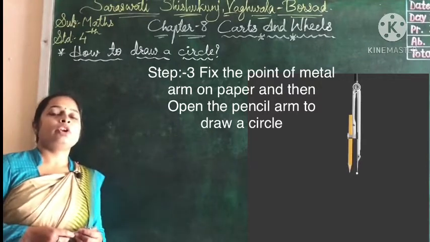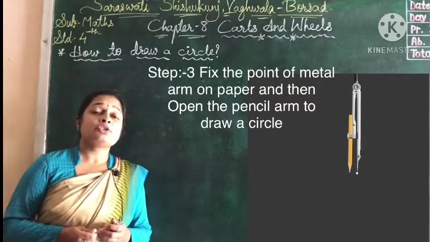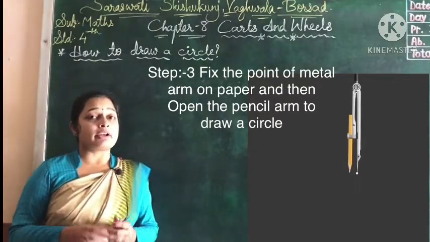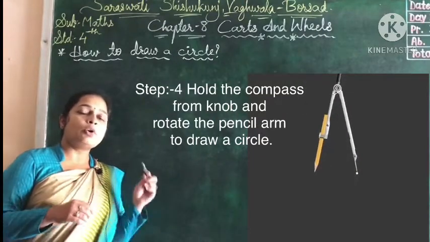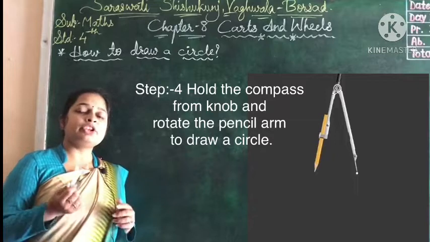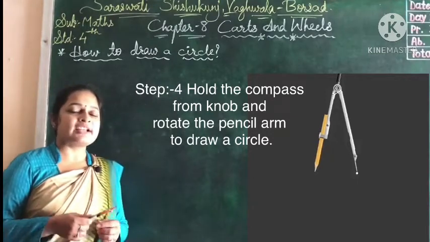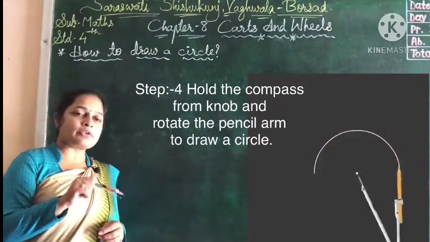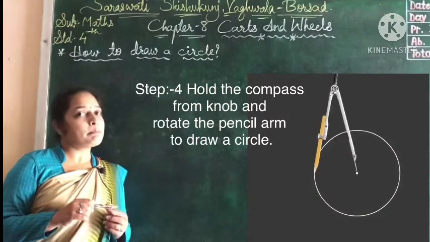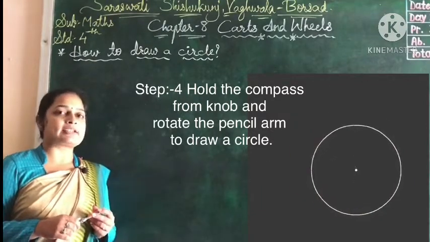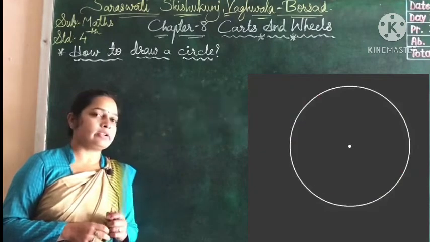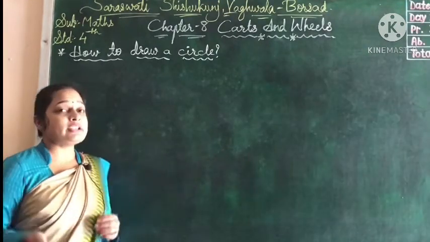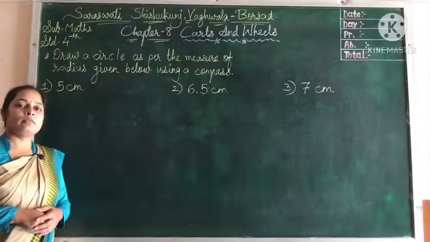Open the compass and make a mark from the ruler. After that, hold the compass from the knob part and firmly rotate your pencil arm portion. You will get your circle as you can see here, right? So in this way we have to draw a circle.